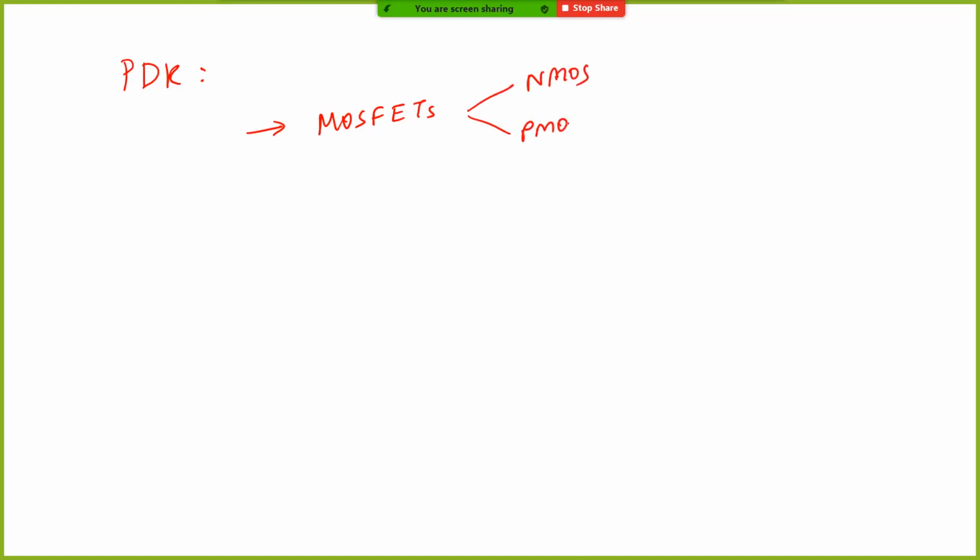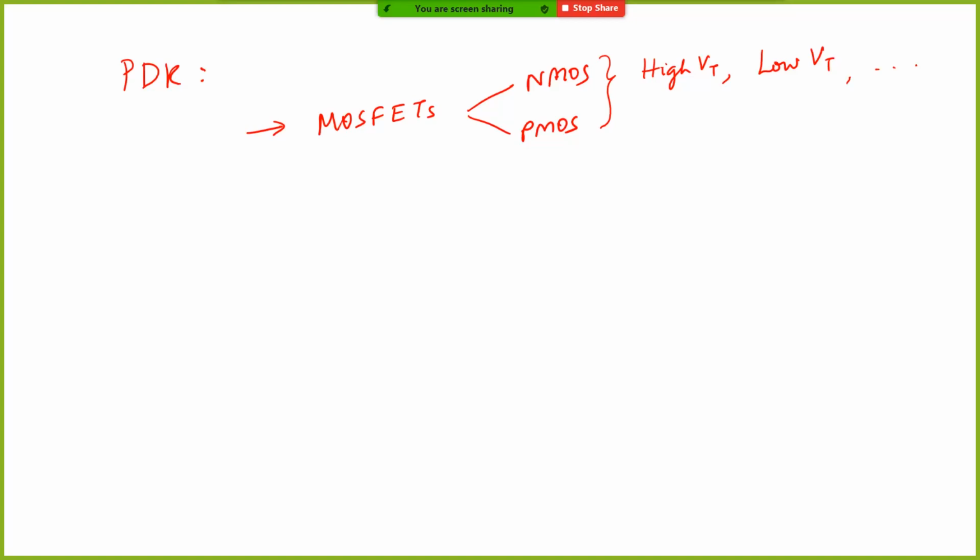Typically, in both NMOS and PMOS, each PDK will offer some flavors. By flavors, I mean you will have a high threshold voltage device and a low threshold voltage device, and sometimes you will have RVT, NVT, and some variations of these, like ultra low voltage devices, low threshold voltage devices, and so on. So there are different types. Each PDK coming from each foundry will offer certain things and will not offer certain things.